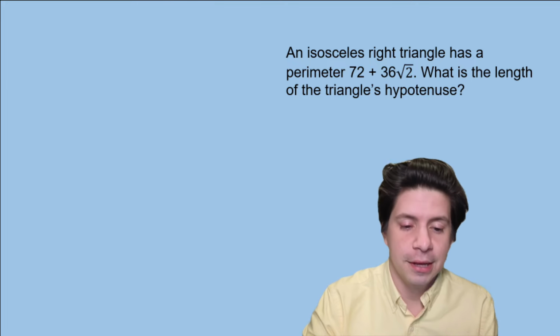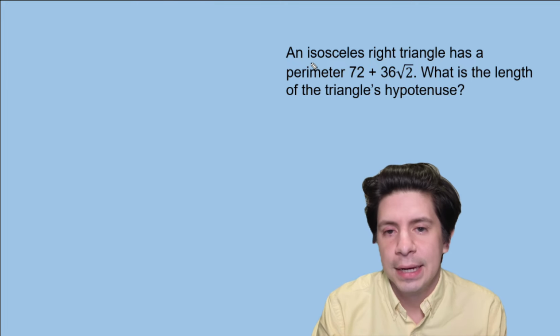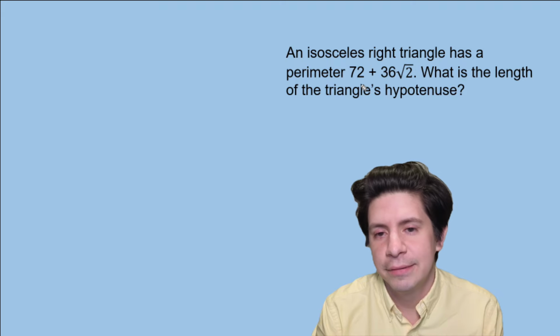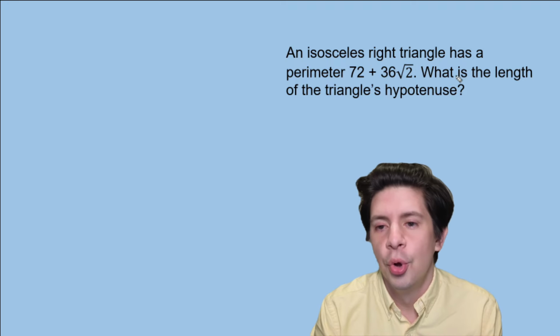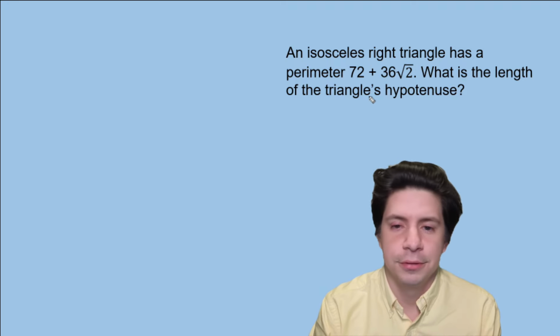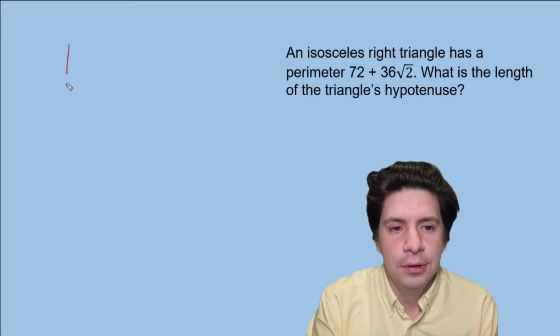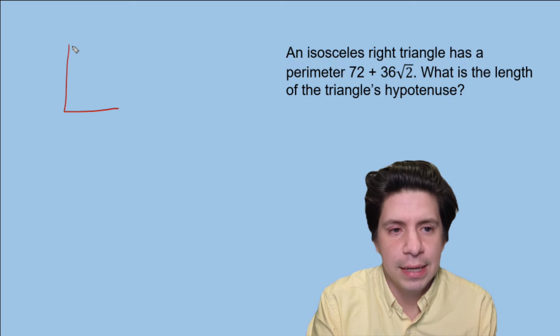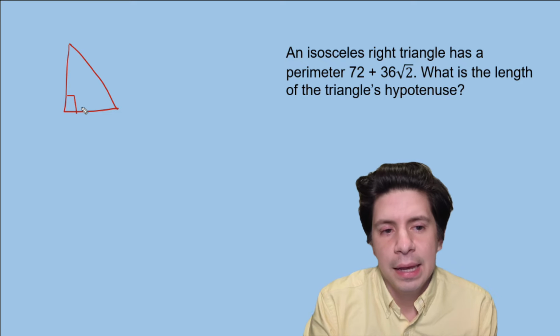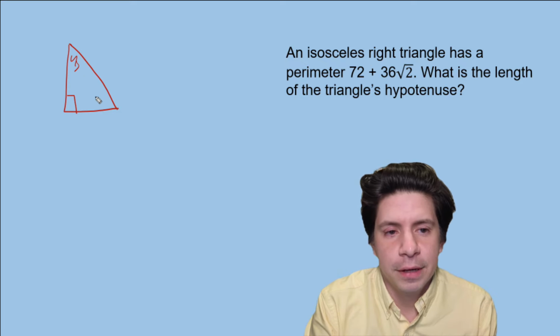So the first question we have is an isosceles right triangle has a perimeter 72 plus 36 root 2. What is the length of the triangle's hypotenuse? Okay. So in this question, for anyone who wants to remember, isosceles right triangle means the two legs are the same. And that means they're 45, 45.